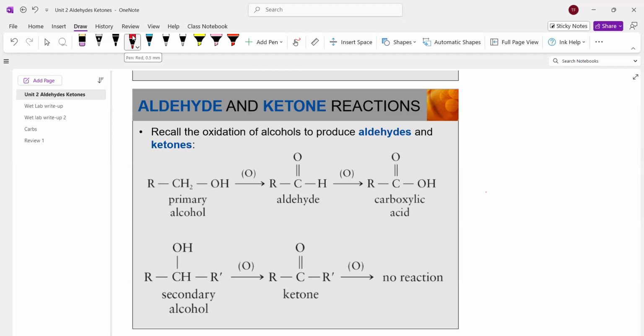Secondary alcohols produce a ketone, and then because there's no H here on this carbon, there's an H here, hence it can be oxidized. Two H's on the aldehyde or the primary alcohol, so it can be oxidized twice.